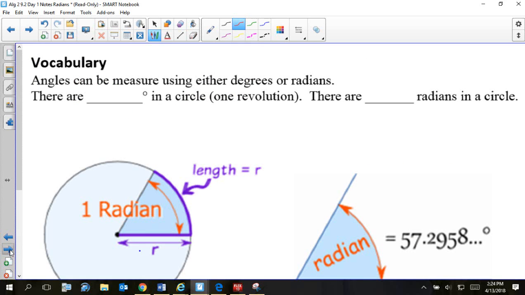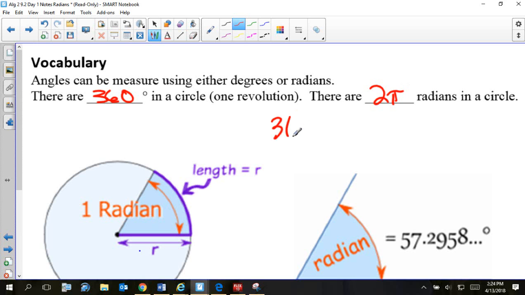Angles can be measured using either degrees or radians. There are how many degrees in a circle? 360 degrees in a circle. There are how many radians in a circle? It's just a little out of order. Sorry. There are 2 pi radians in a circle.